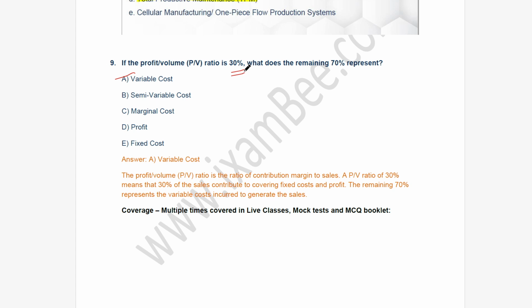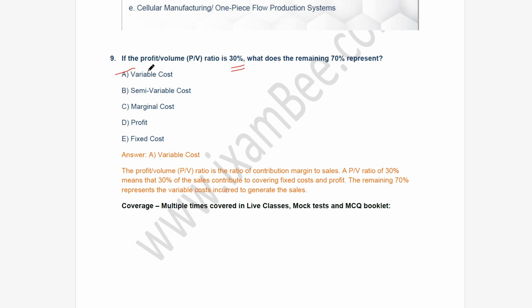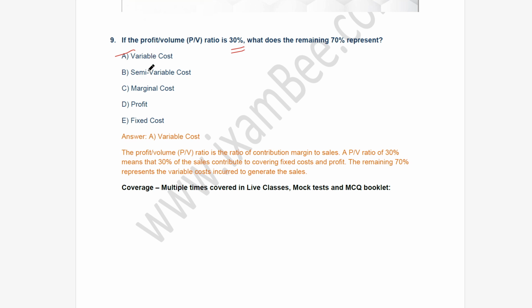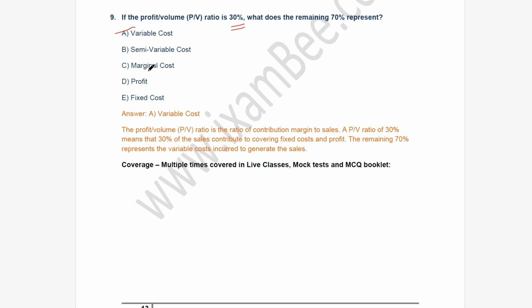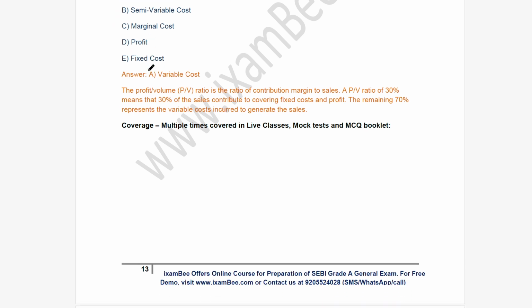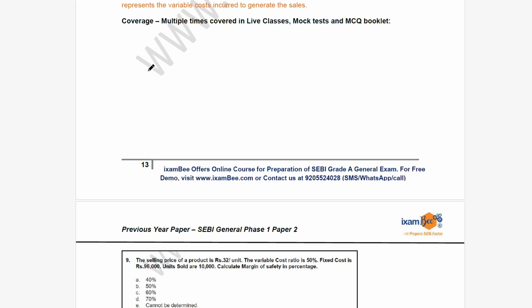That's because we compare sales price and variable cost to understand what the contribution is, right? So here the PV ratio reflects the contribution, which is the difference between the sales and the variable cost. So the remaining 70% is basically reflecting the variable cost, right?